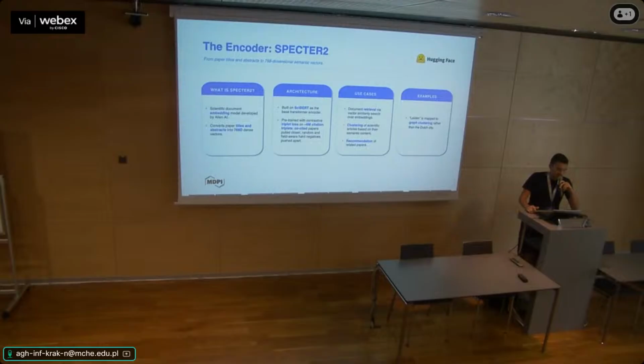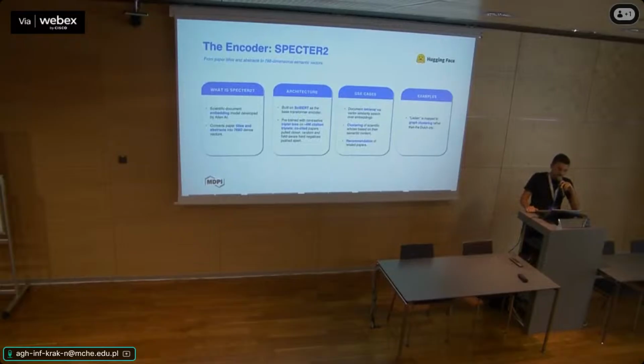And we were using SPECTER2 intensively, which is a scientific document embedding model you can find on Hugging Face, which converts a paper's title and abstract into a 768-dimensional representation. So you can understand that in this way we translate text into numbers that can be processed by any of our models.